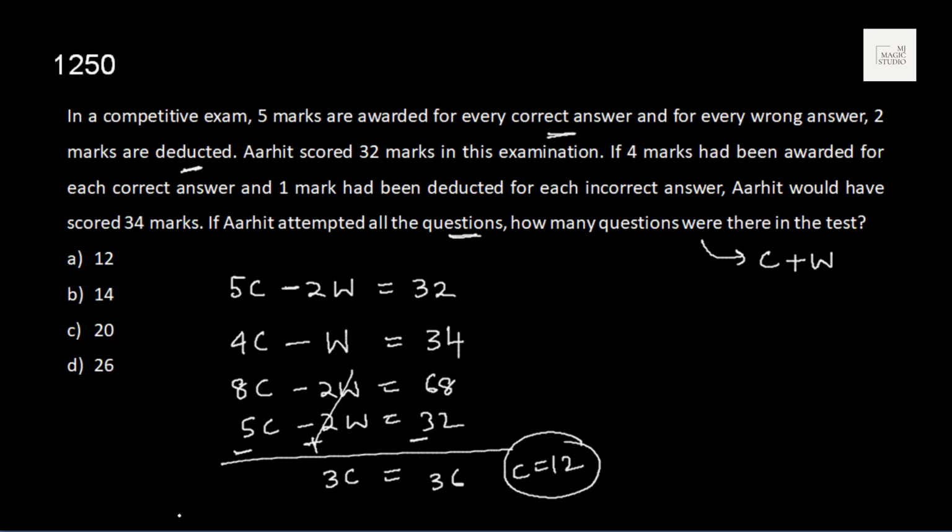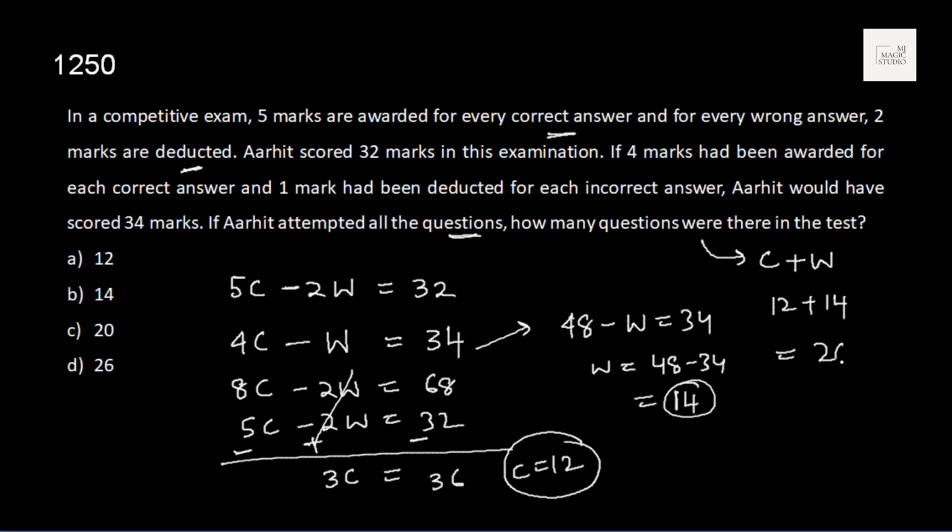C equals to 12. If C is 12, then 48 minus W is 34. W, that is the number of wrong attempts, is 48 minus 34, that is 14. So how many questions were there in the test? 12 plus 14, that is 26. Option D fits in.